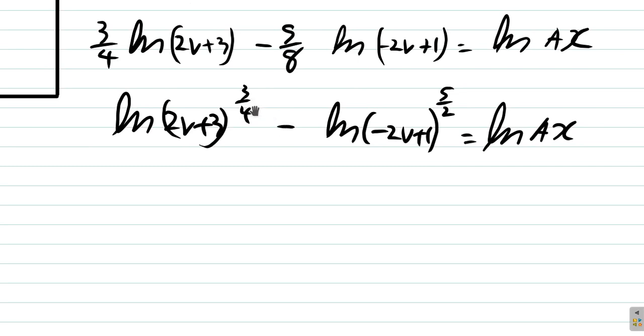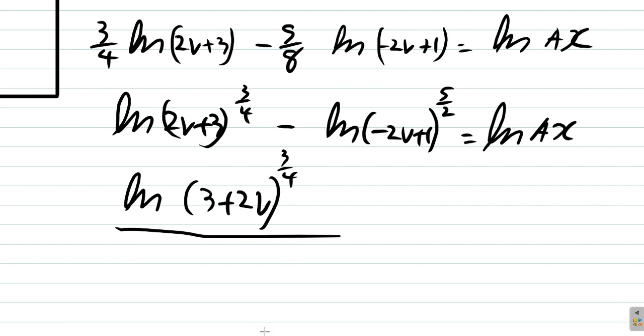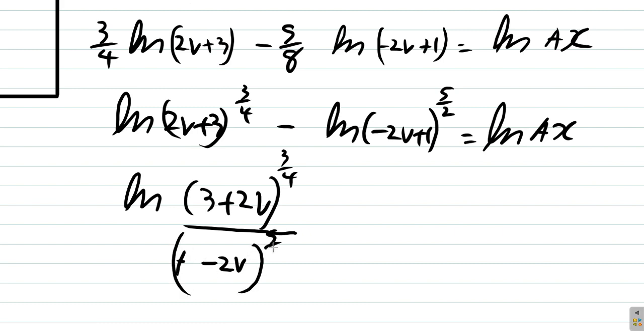Here, if you remember your rules of indices, it is equal to ln of 3 plus 2v to the 3/4 over 1 minus 2v to the power of 5 over 8.